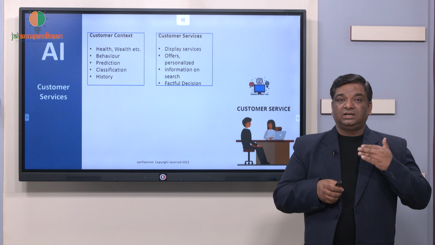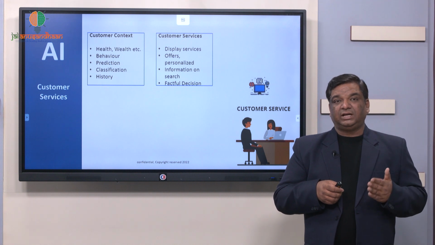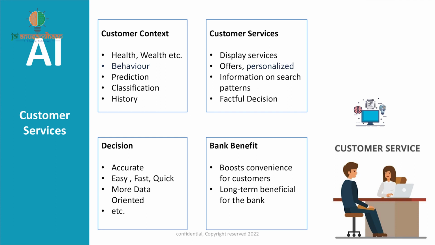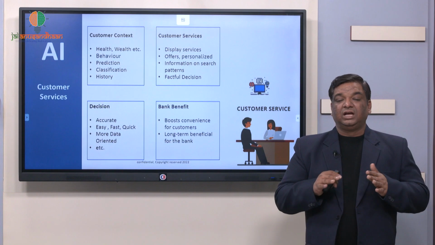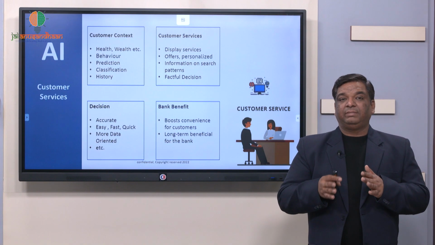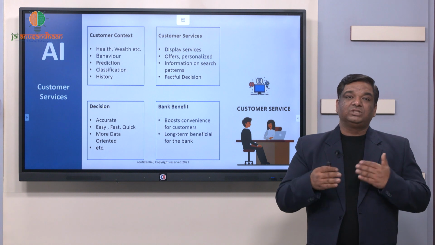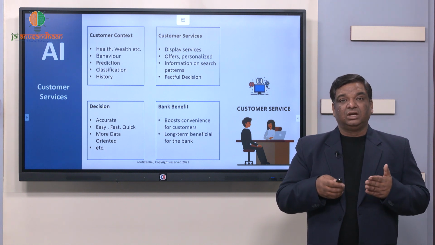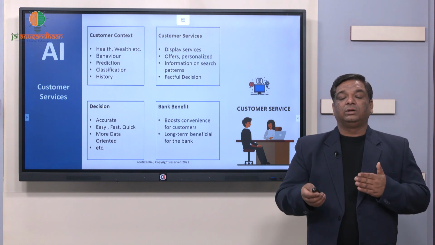So that the information is really searchable and based on data and facts, so that finally the decision can be meaningful, accurate, and fact oriented. And finally, it helps the bank and boosts the overall customer relationship, making a promising hands-on experience for long-term association.